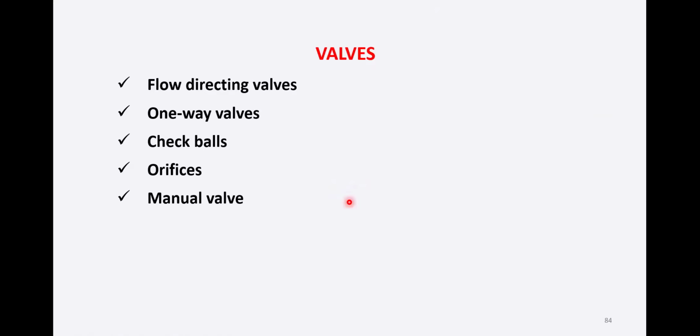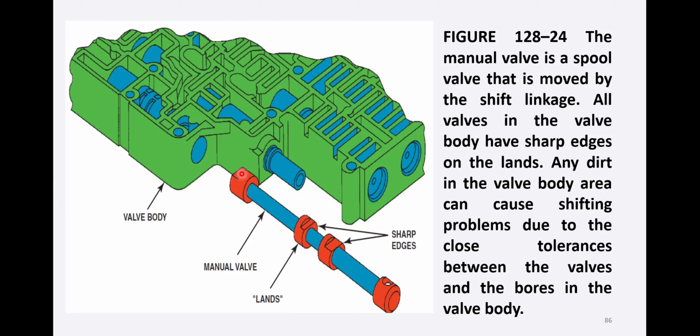So basically, this is your valve body, and this is your manual valve, and these are the sharp edges, the lands. When we have this position, there is an opening. When we have this position, it means this is the closed position. So with the help of this spool, the position of these sharp edges or lands determines the hydraulic flow.